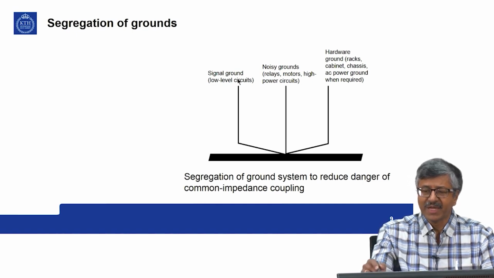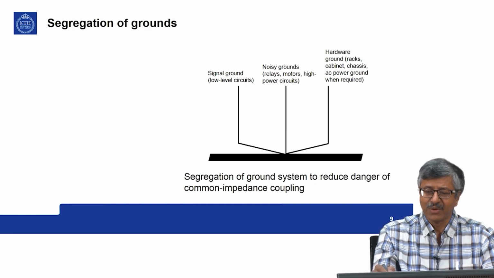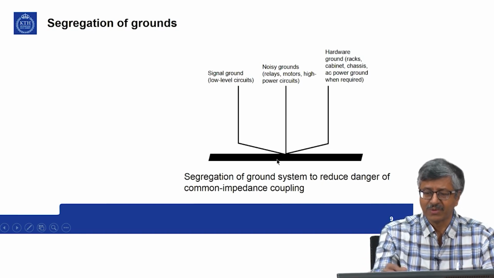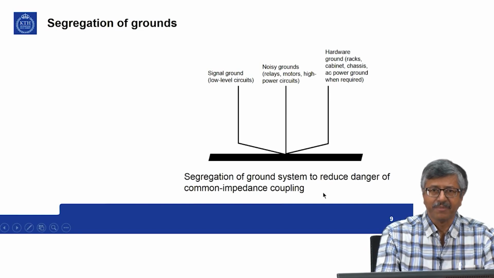So, you segregate those grounds and connect only at a single point, because you do not want the noisy relays and motors contaminating your signals and creating problems by changing the reference of the signal ground. So, you connect all those things to this main ground only at a single point, again to reduce the danger of common impedance coupling.